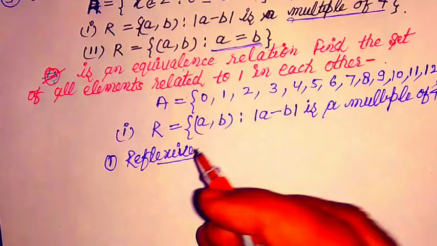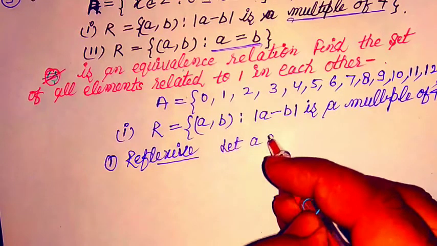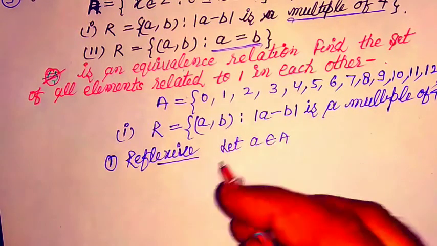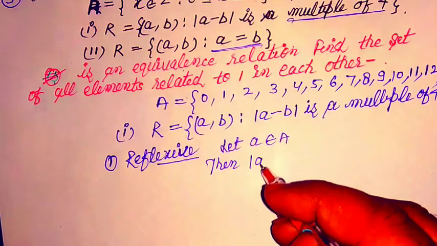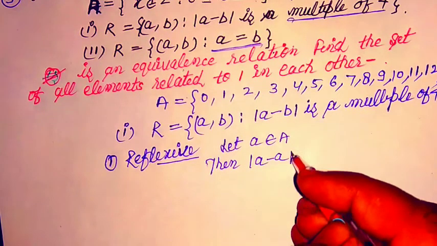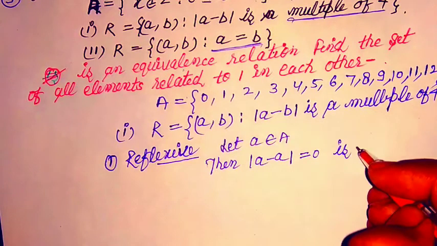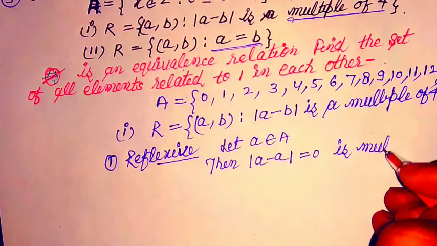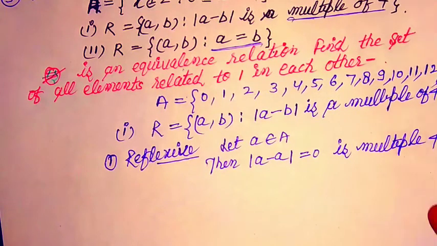Let a belong to set A, then a minus a equals 0, which is a multiple of 4, isn't it?